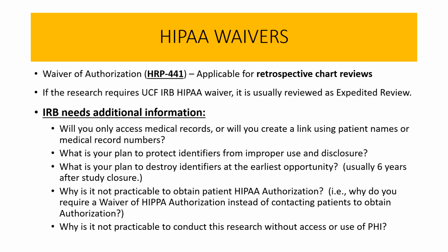If you have direct access to participants, it's more likely that there is no reason that you cannot ask them for written permission to use their data. You also need to explain why your research requires that you have access to the PHI. Why is this protected health information needed in order for you to conduct the research?